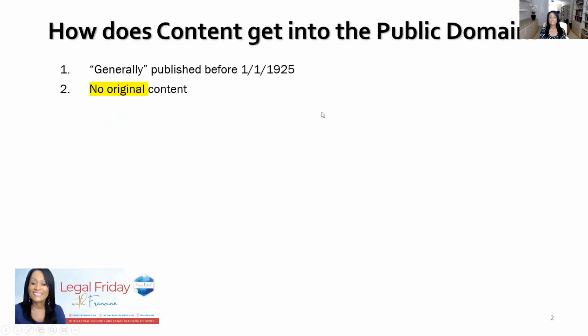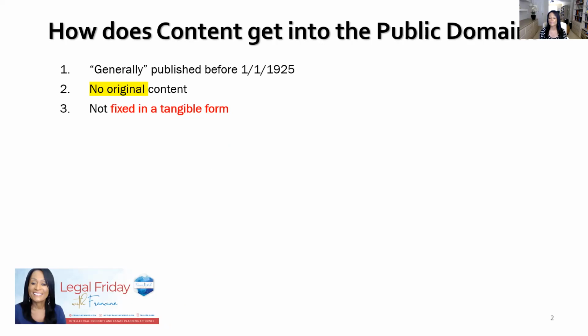What else is there? Items that don't have any original content. Again, keep in mind, my definition from last week is copyright protection is afforded to any original work of art or authorship that's been reduced to a tangible format. So if there's no original content, and if it's not in a fixed format, it is in the public domain. Why?